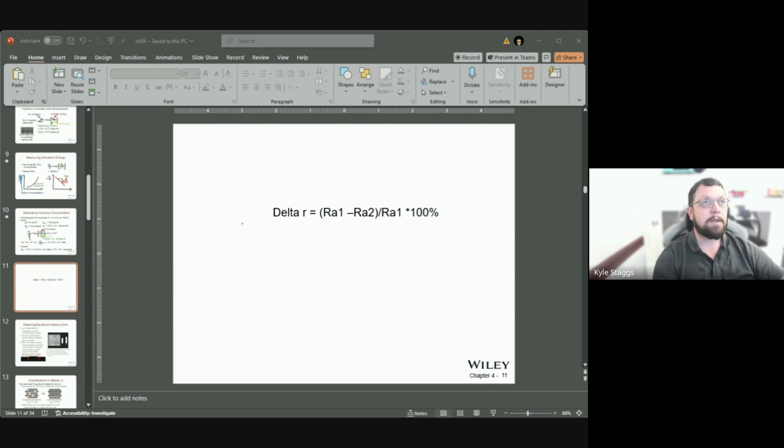So if you're looking at nickel dissolved into copper, copper is the one that goes on the bottom. That's your relative to. So the ratio of the two will give you something like 1.1937. That means 1.19 is 119%, meaning 19% greater than, or less than if it's negative, 19% less than. That is greater than that 15% delta R that we're referring to.